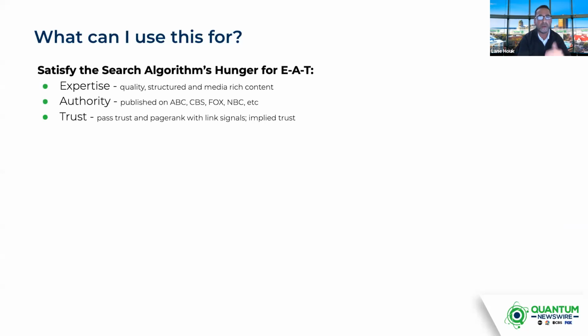Expertise, authority, and trust. And so when it comes to establishing expertise, what you want to look for is quality, structured, and media-rich content. Googlebot loves media-rich content. When it crawls an article and it has links and images and videos, third-party links, link variants, that's media-rich and good structured content.